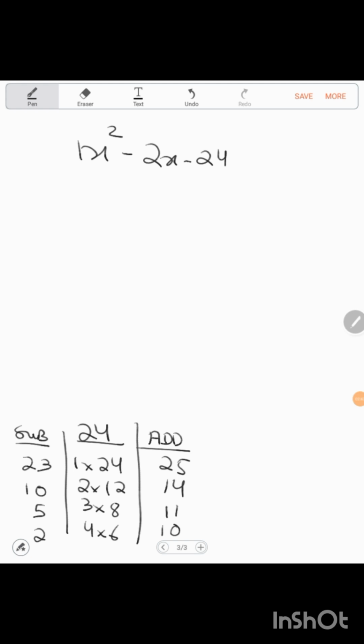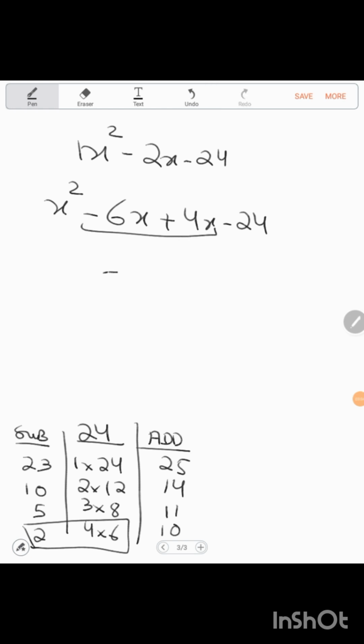So which factor are you going to pick? You're going to pick 4 and 6. Now how are you going to place it? You have a minus sign over here, and that's why you are going to place minus 6x first, plus 4x. Okay, because if you evaluate these two terms, only then you are going to get minus 2.